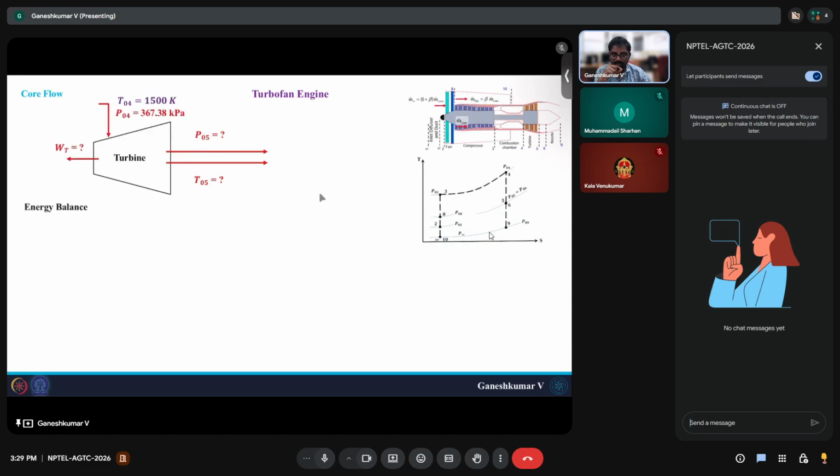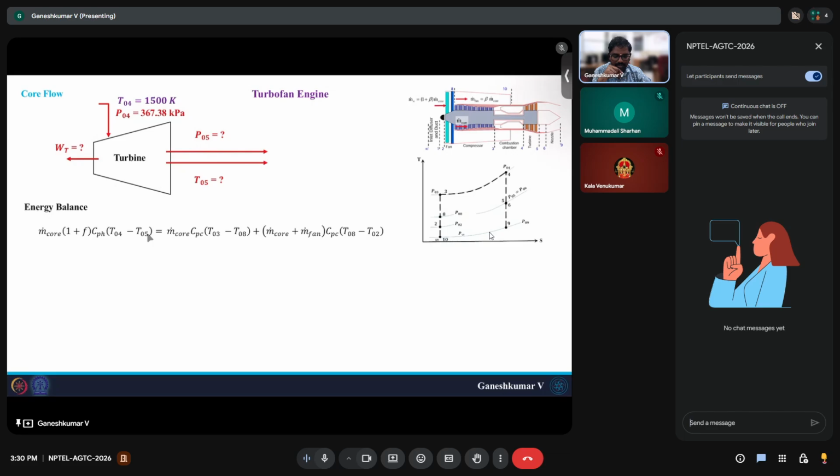Okay, so the energy balance here: in the turbine you have m dot core flowing, not m dot bypass. So you have m dot core times 1 plus f is the total mass flow rate that is taken by the turbine, times CPH into T04 minus T05 is the total temperature change, right? Stagnation temperature change.